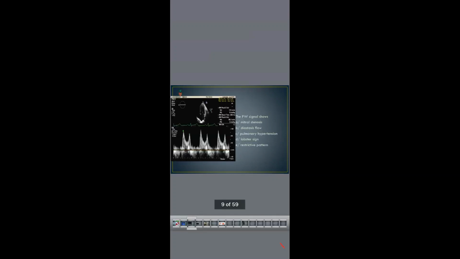Now, this PW signal shows mitral stenosis, diastasis flow, pulmonary hypertension, lobster sign, restrictive pattern.